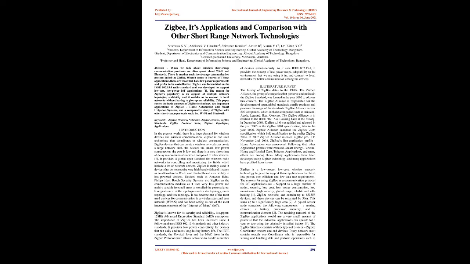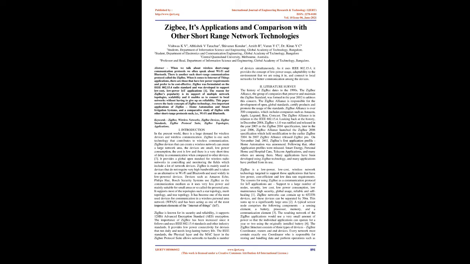Following that, other application profiles were released. Smart energy, personal home and hospital care, telecom applications, and many others are among them. Many applications have been developed using Zigbee technology, and many applications have profited from its use. Zigbee is a low-power, low-cost wireless network technology targeted to support those applications that have low power, cost-efficient and low data rate requirements.